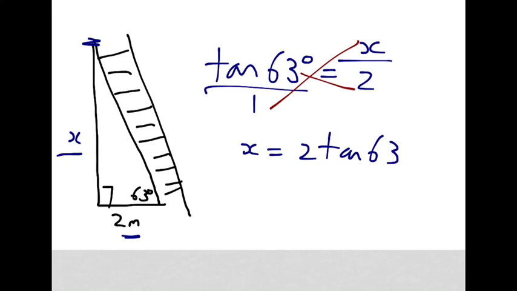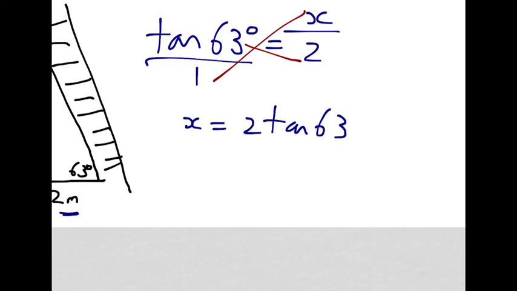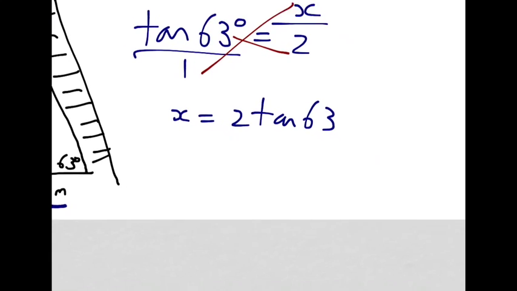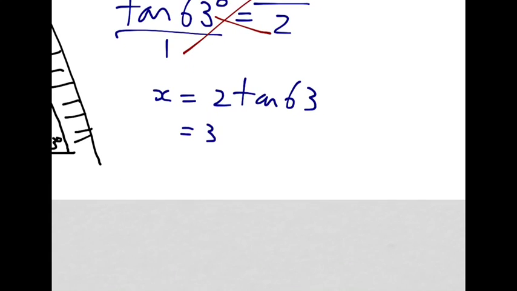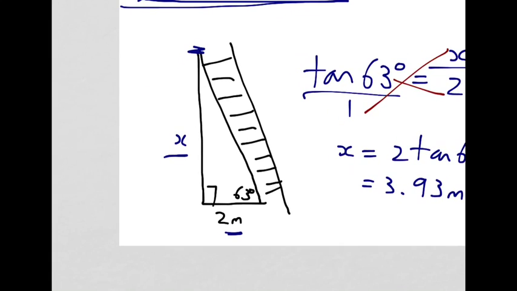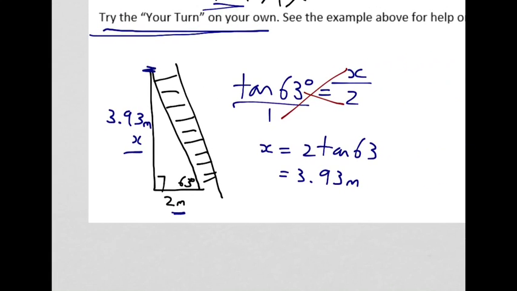Remember, that's just 2 times tan 63. So 2 tan 63 gives us 3.9. What do they want rounding? No, they don't say anything about rounding. We'll just say 3.93 meters. So this height over here is 3.93 meters. And if you didn't get that, maybe go back and try the problem again until you get the right solution.